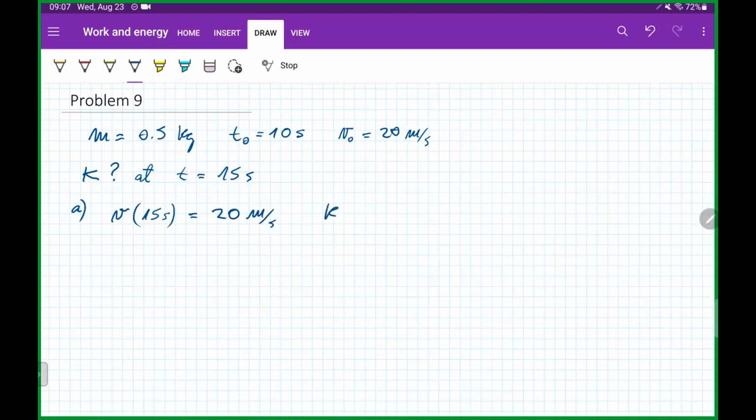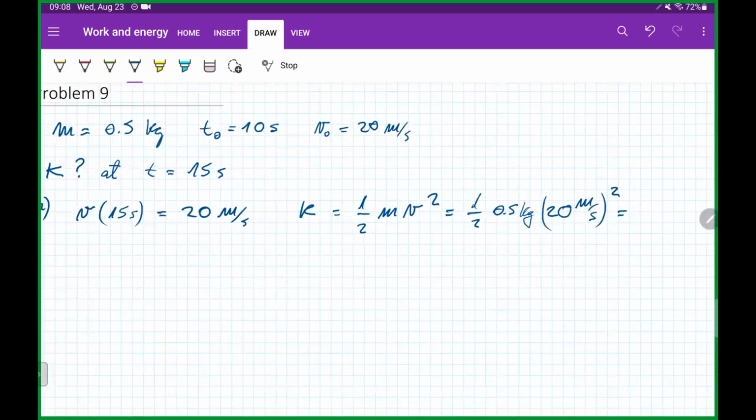So kinetic energy will be, as we define, 1/2 mass v squared. And that's simply 1/2, 0.5 kilograms, 20 meters per second squared.